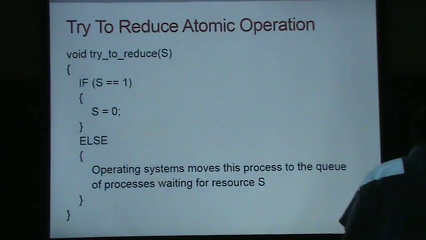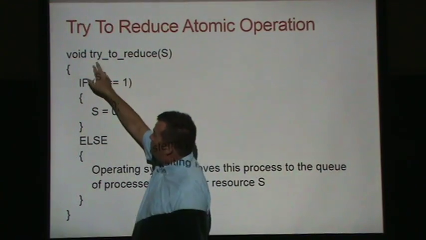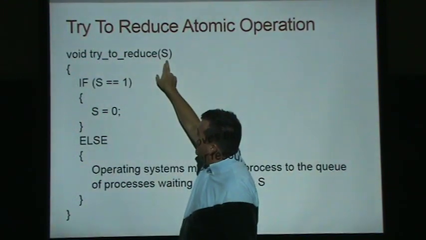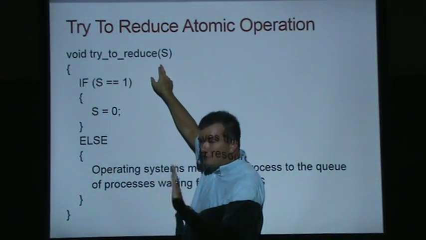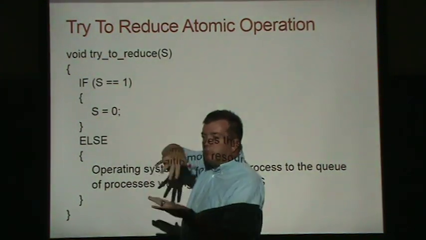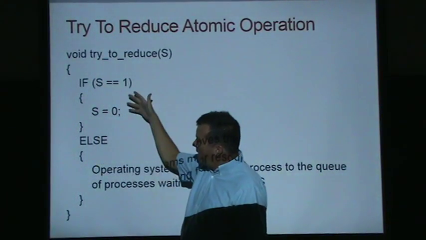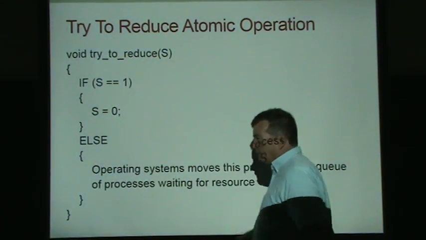So when you go to access a resource, you have to issue this atomic function first. If the resource is available, you'll get it and block anyone coming in for the resource after you. If it's not available, you'll get queued up waiting for it.